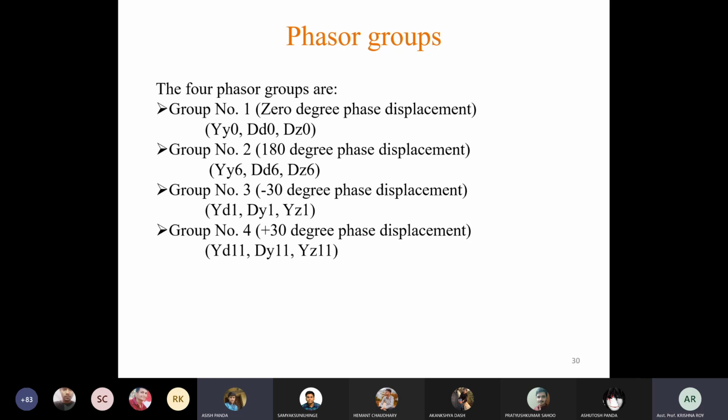Sir, can you explain about the line voltage and phase voltage? This I have discussed in last class. Have you attended? Yes, sir, I have attended. So what is your problem? Sir, explain the line voltage concept. The concept of line voltage and phase voltage were taught in basic electrical.